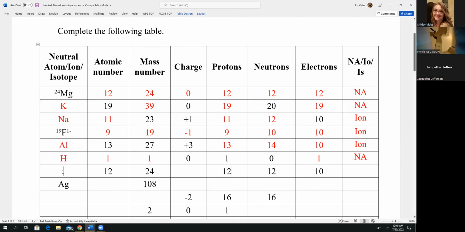So we know this guy is magnesium. And we just figured out this, and we figure out that. That's all so far. Right, we have 10 electrons, and that is not the same number. So that means we have lost 2. So we have a charge of +2. So this right here is an ion.